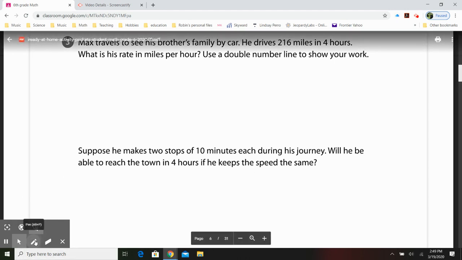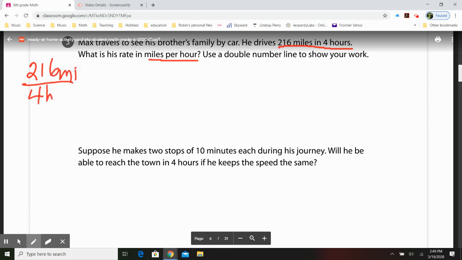He drives 216 miles in 4 hours. What is his rate in miles per hour? And then they want you to use a double number line to show your work, which is probably going to confuse some people. What I did first is I wrote the 216 miles in 4 hours.